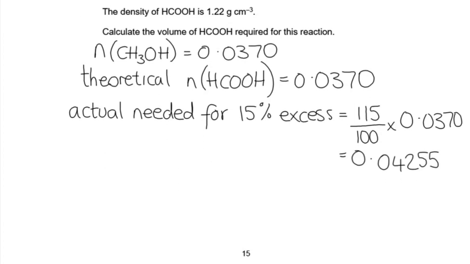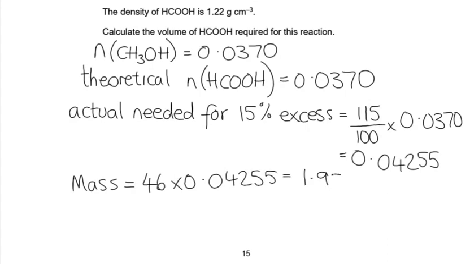Now that is our moles. So what mass would that be? Mass is Mr times moles. So we're adding up the Mr of methanoic acid. So you've got your 46, which is 1.9573 grams, and it wants a volume. So how do you get a volume from a density?